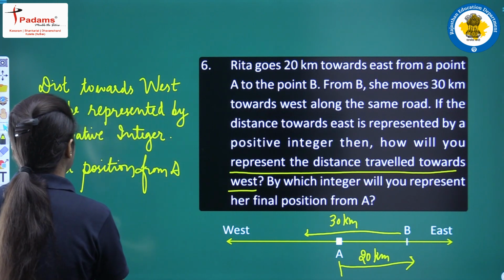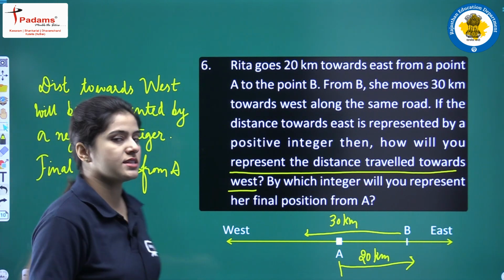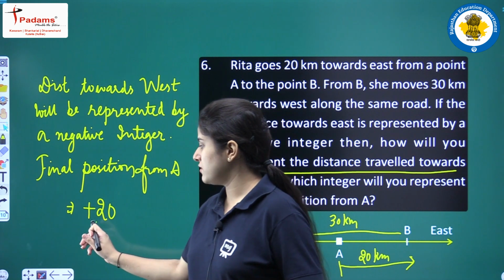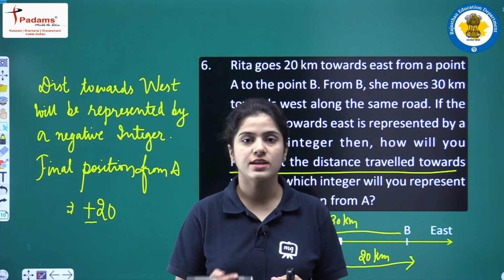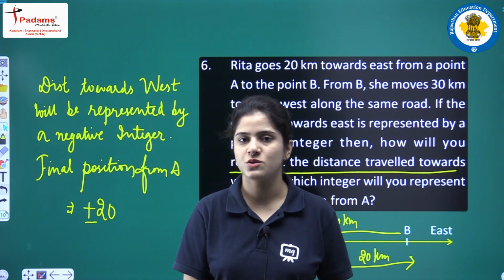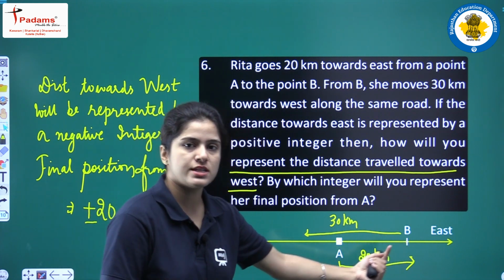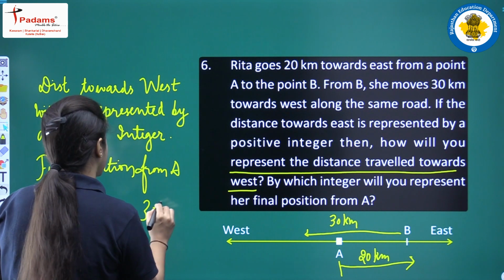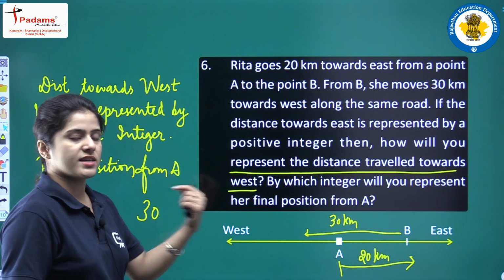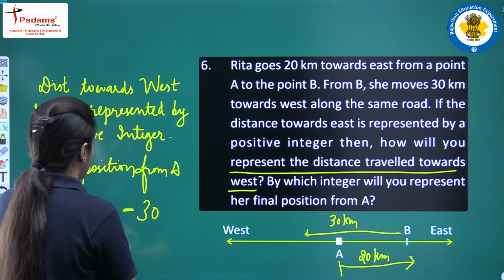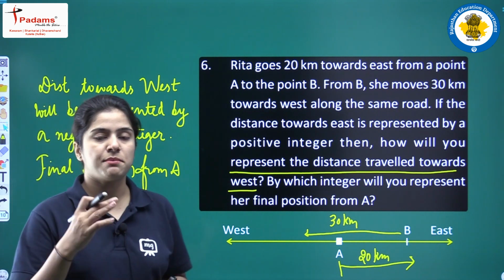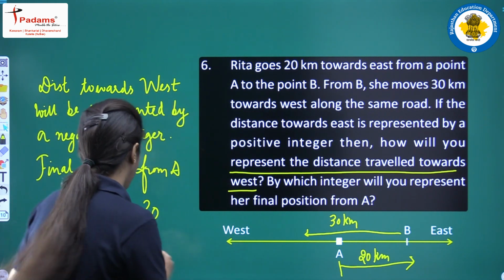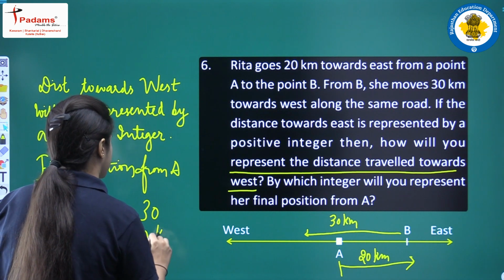Towards east means you take positive 20, because positive is the integer you are considering for the east direction. And from this point B she travels 30 kilometers towards west, so negative. So minus 30 plus 20 is equal to minus 10. So minus 10 kilometers.